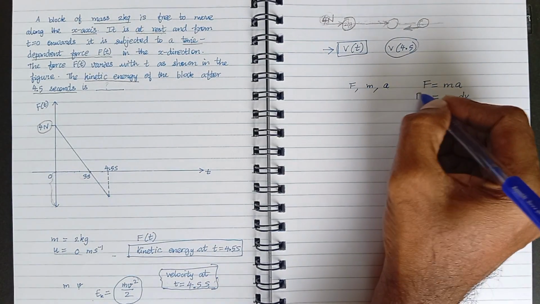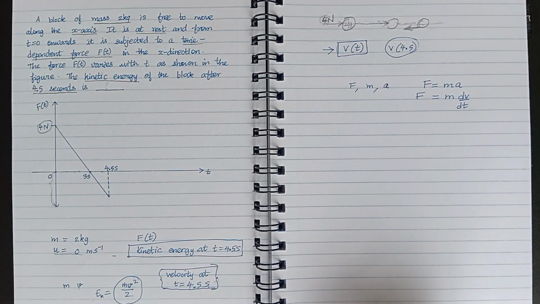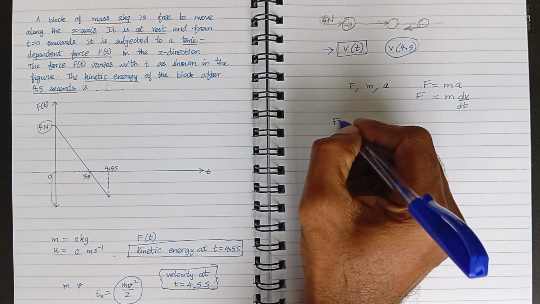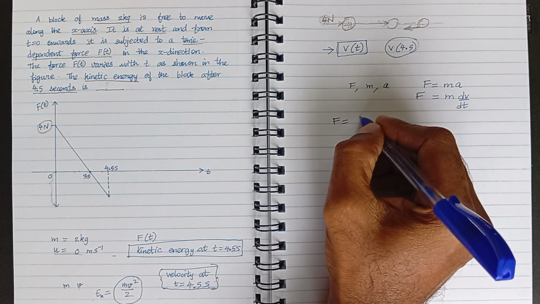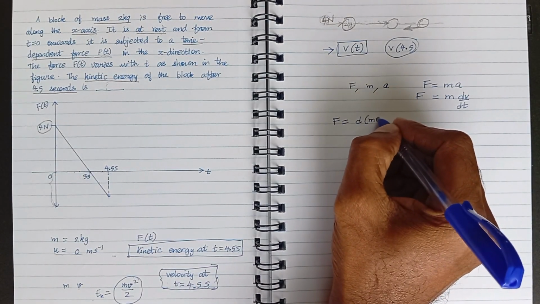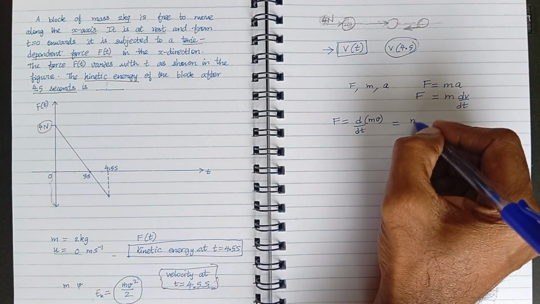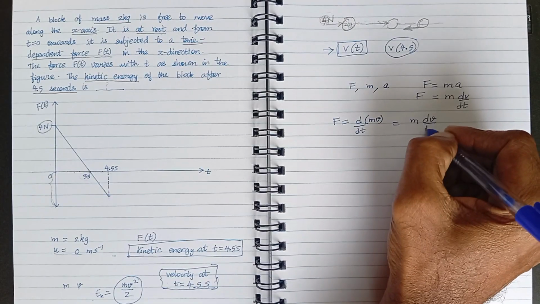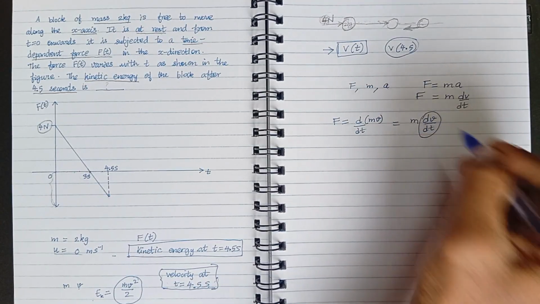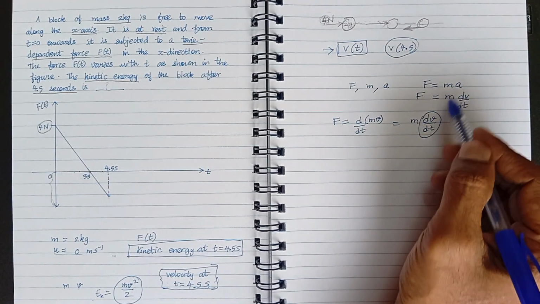Okay, force equal to mass times dv by dt, or in other words, Newton's second law states that force is nothing but the rate of change of momentum with respect to time. Okay, since mass is constant, we can take it out and we get mass into dv by dt. This is nothing but the acceleration. All right, so both are equivalent.